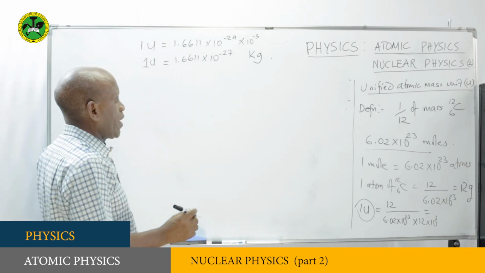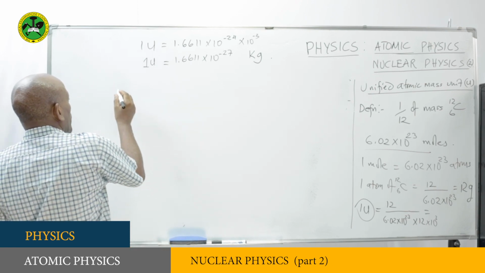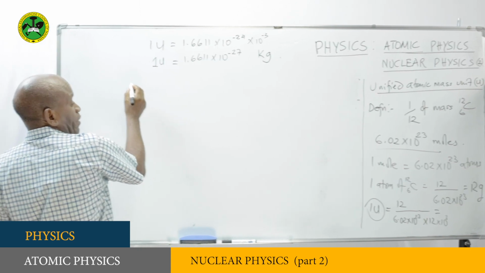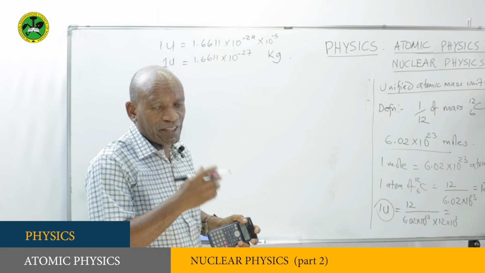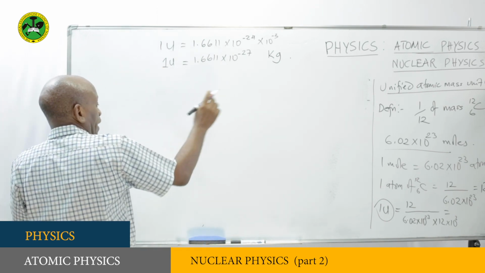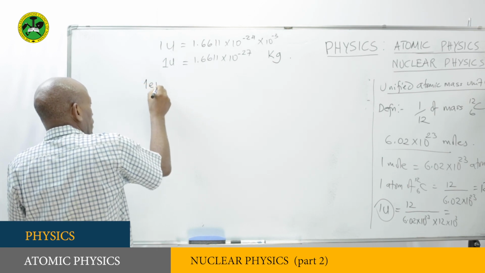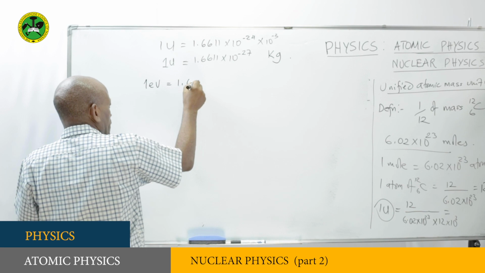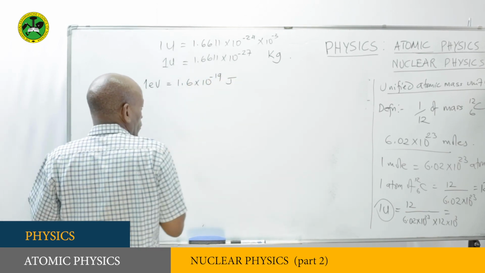Okay, students, now we are going back to what I've already mentioned previously, that we are measuring energy in terms of electron volt. In electronics, or in nuclear energy, we measure our energy in electron volts. And 1 electron volt is equal to 1.6 times 10 power negative 19 joules.